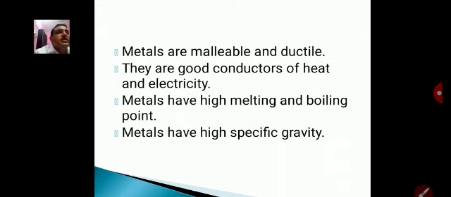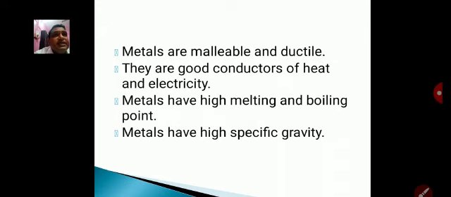And the next characteristic of metals is that they are lustrous. Lustrous means shiny appearance. This means metals have a shiny appearance. If we observe the freshly cut surface of metals, we will find that they have a shiny appearance. This is called metallic luster. And the next characteristic of metals is strength. Metals are usually strong.